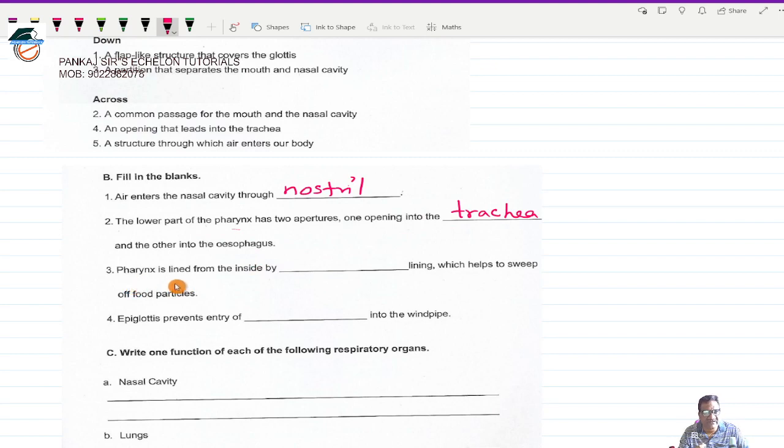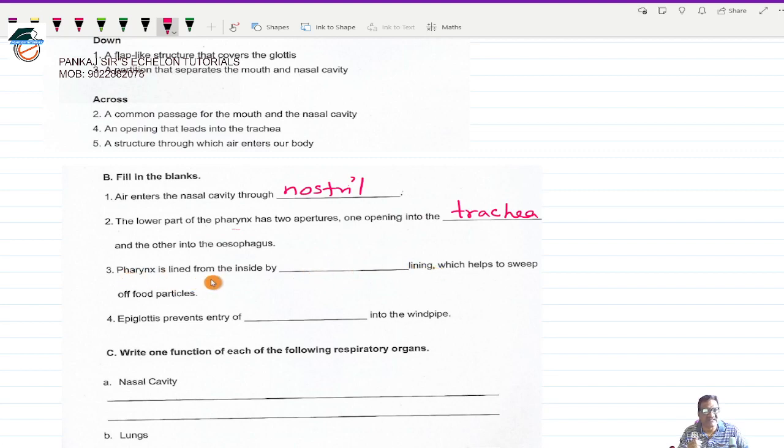Next is: pharynx is lined from the inside by dash lining, which helps to sweep the food particles. This pharynx has a very fine, soft lining on the inside. Now what is this lining called?